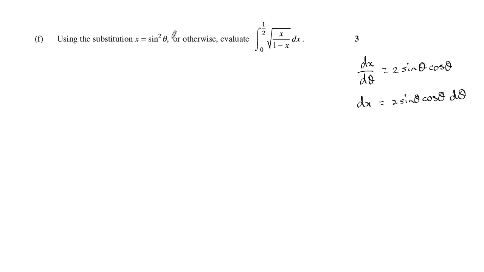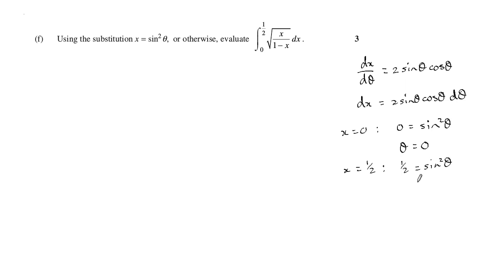And then we need to work out what theta equals when x is 0.5. That will give us, so when x is 0, 0 equals sine squared theta. Solution of that will be theta equals 0. For x is 1/2, you'll get 1/2 is sine squared theta.